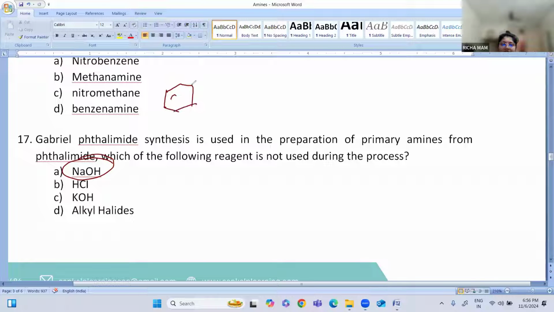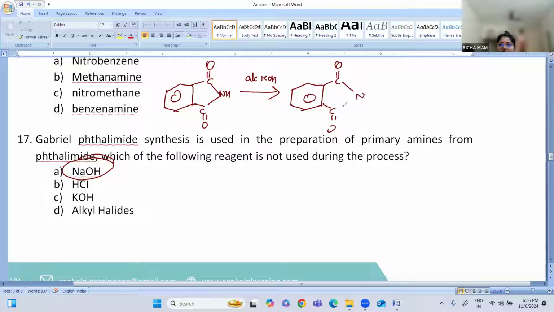We take phthalimide, this is our phthalimide. This phthalimide, we are treating it with alcoholic KOH. And what are we going to get? I'm going to get potassium phthalimide.